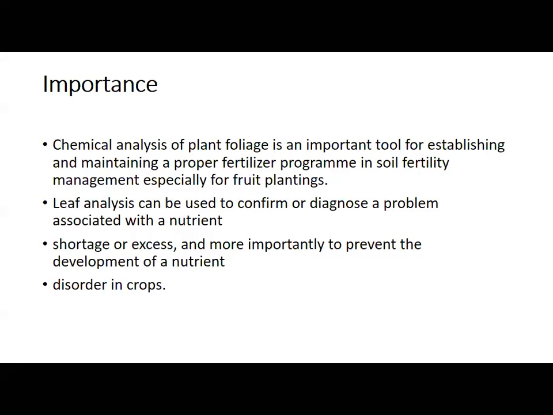Another deficiency disorder, of boron, occurs in pomegranate. The cracking in pomegranate is due to deficiency of boron.